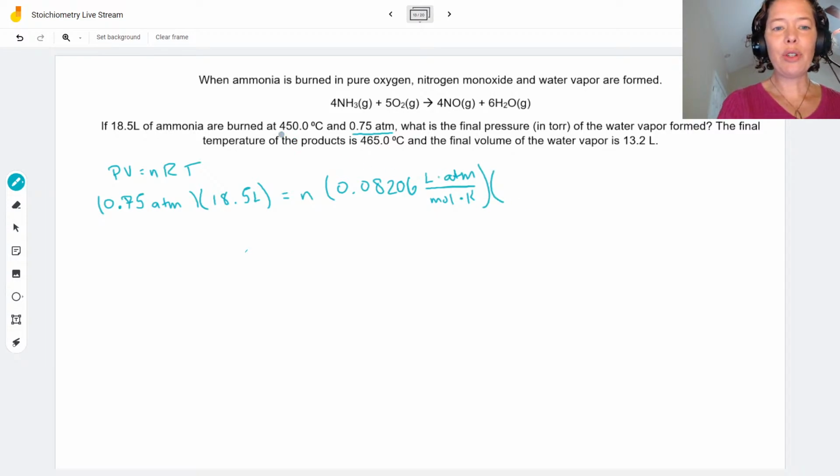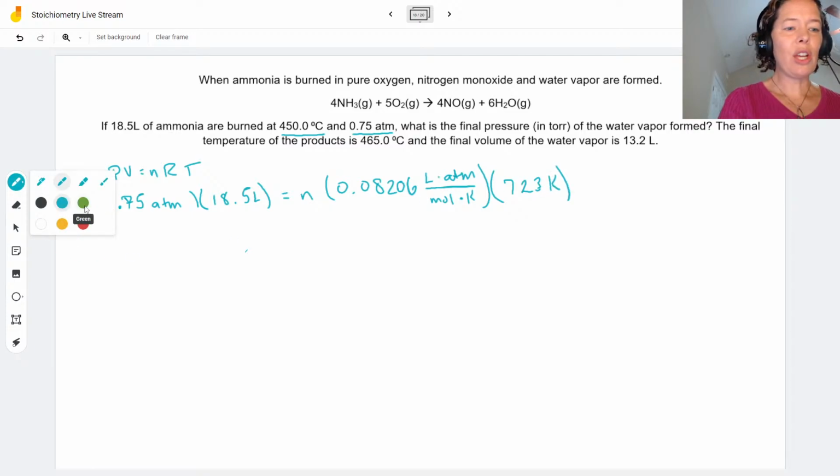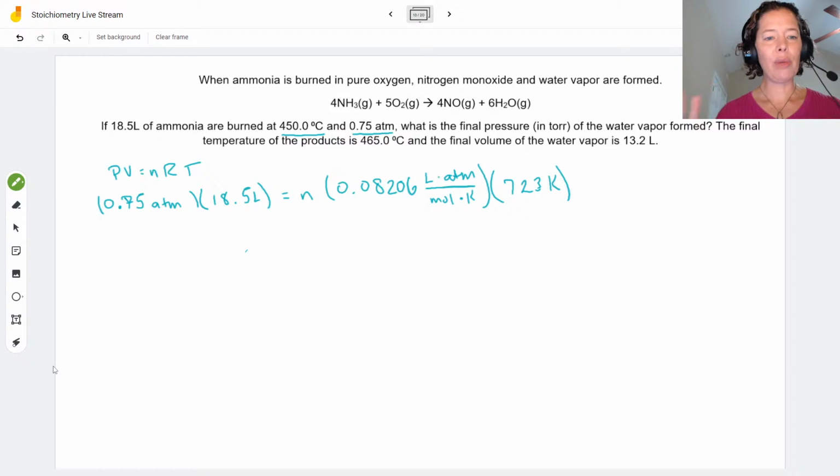And my temperature is 450 degrees Celsius. Again, make sure you convert that into Kelvin, and that is 723 Kelvin. Okay, let's double check. I want to make sure that all of my units are lining up and they're going to cancel like I expect, because that also gives me confidence that I have used the correct value for R. So my atmospheres cancel, my liters cancel, and my Kelvin cancel.